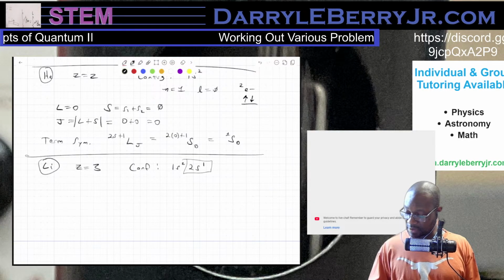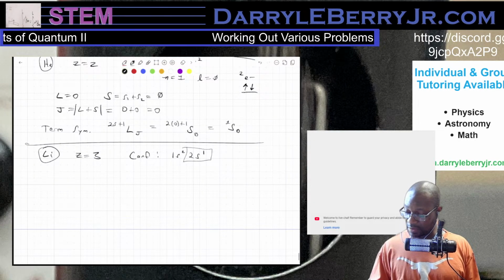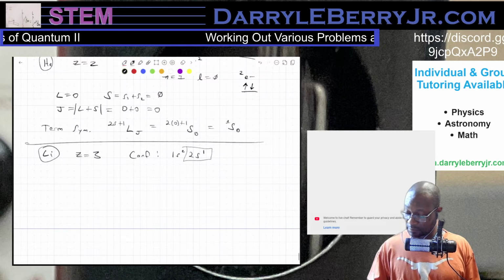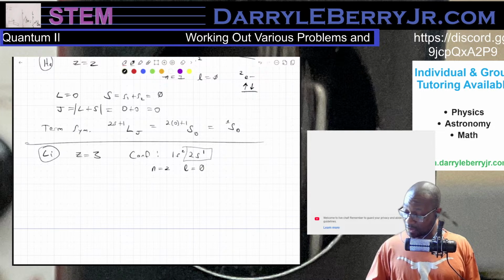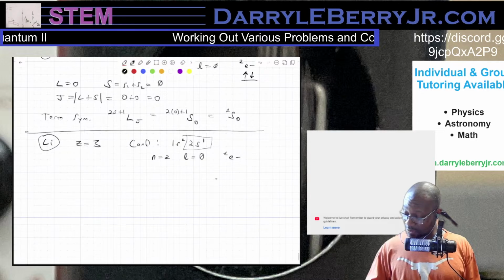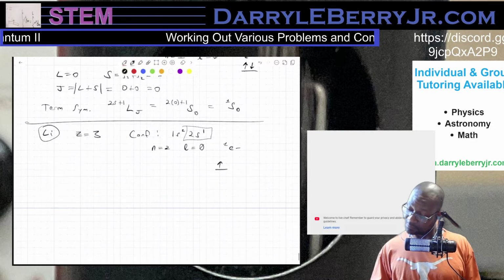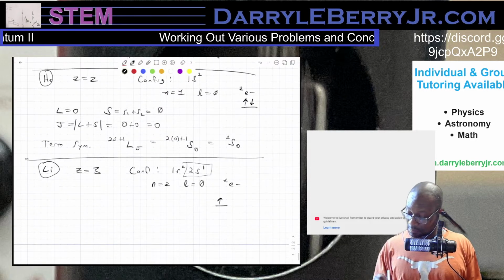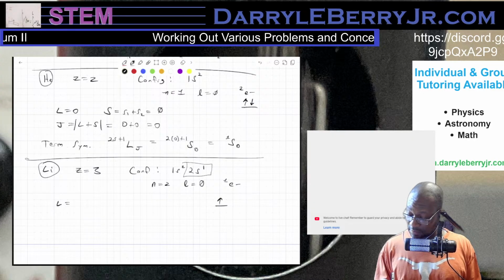Again, we just take into account the one with an unpaired electron. So it looks like n equals 2, L still equals 0, and there's 1 unpaired electron. So big L equals 0, big S equals 1/2.